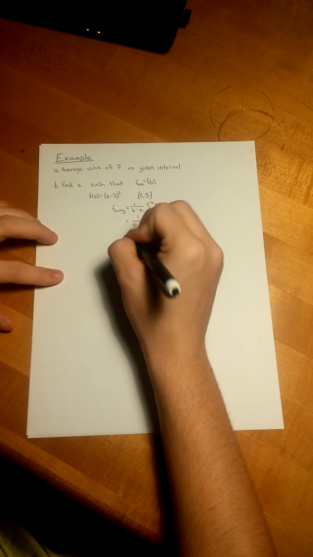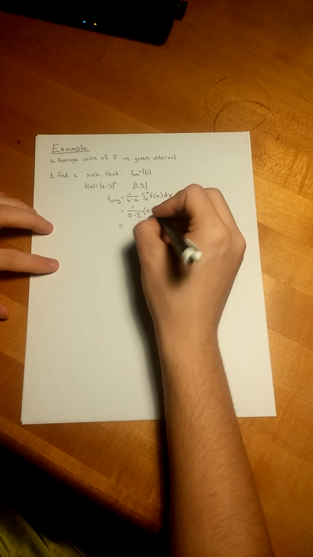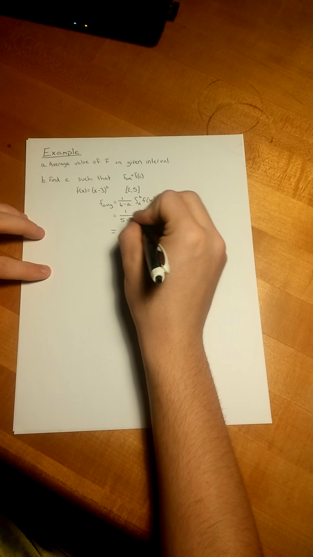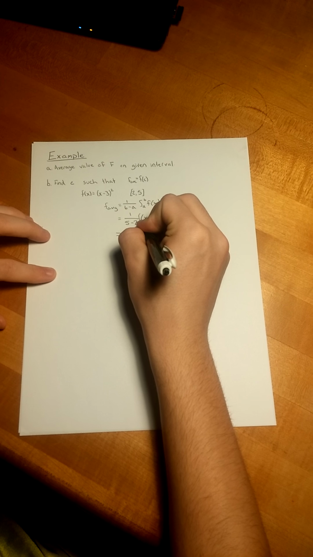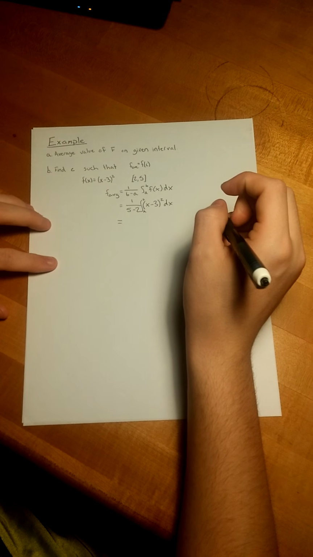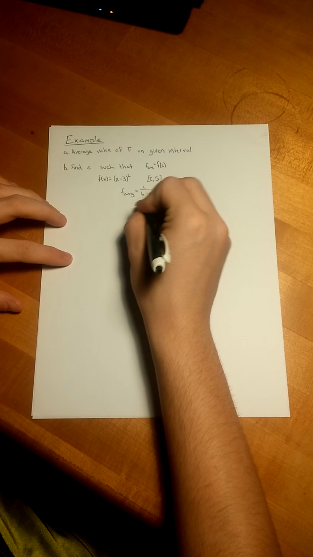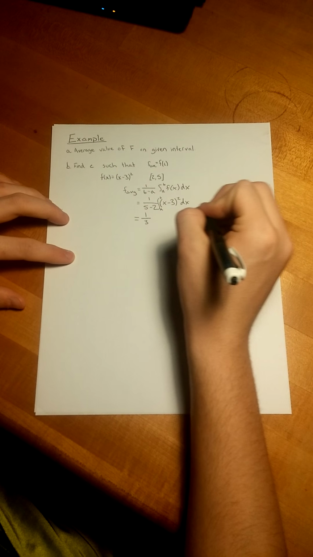Now we want to find the integral, or antiderivative, of the function (x minus 3) squared. We simplify the front to 1/3.